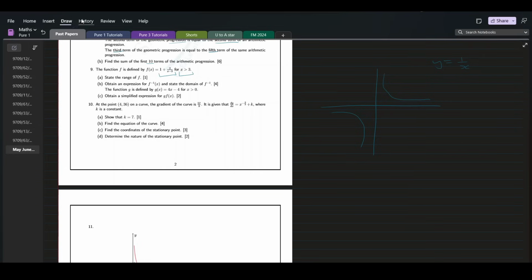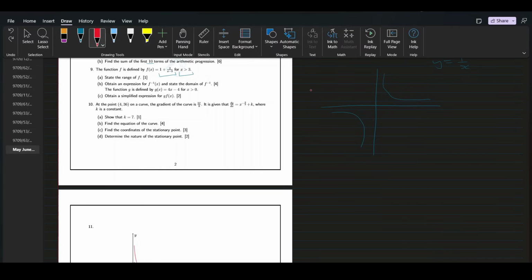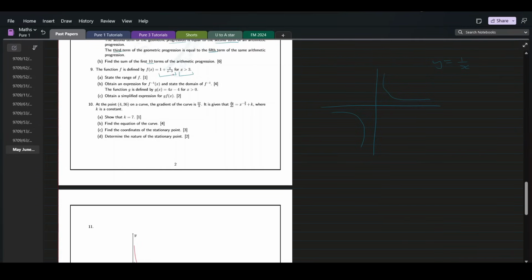So I'll just change the color to red. Okay, so we'll start with this minus 3 over there. That's a translation in the x direction by 3 units. So 3 would be somewhere here. Going to draw a dotted line through here. And then we have this 1 here, which is a translation in the y direction. So 1 would be somewhere here, and that's by 1 unit.